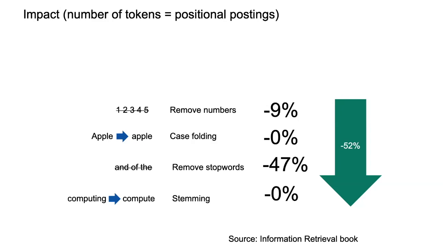And finally, you can look at the number of positional postings, meaning every single occurrence in the document. If you remove the stop words, it's a minus 47%. It means that basically half of the words in text are actually stop words. That's surprisingly high actually, but seems to be what they got here.